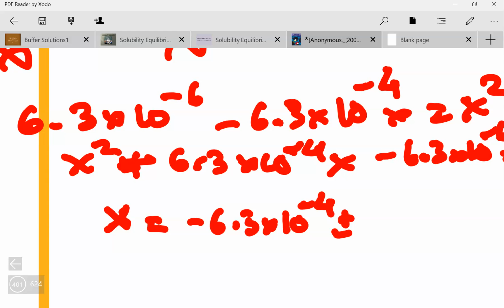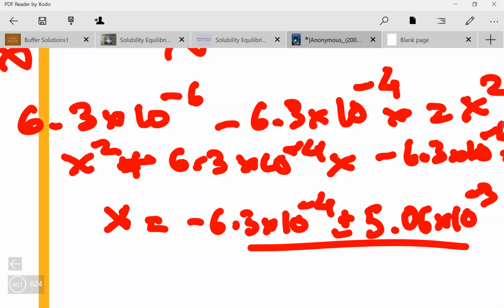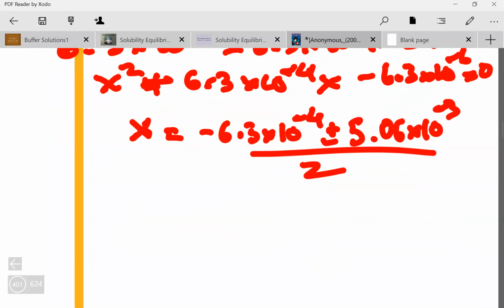Sorry about the delay. 6.3 times 10 to the power negative 4 squared plus 4 times 1 times 6.3 times 10 to the power negative 6 equals, then I'll take the square root of that, 5.06 times 10 to the power negative 3, divided by 2.